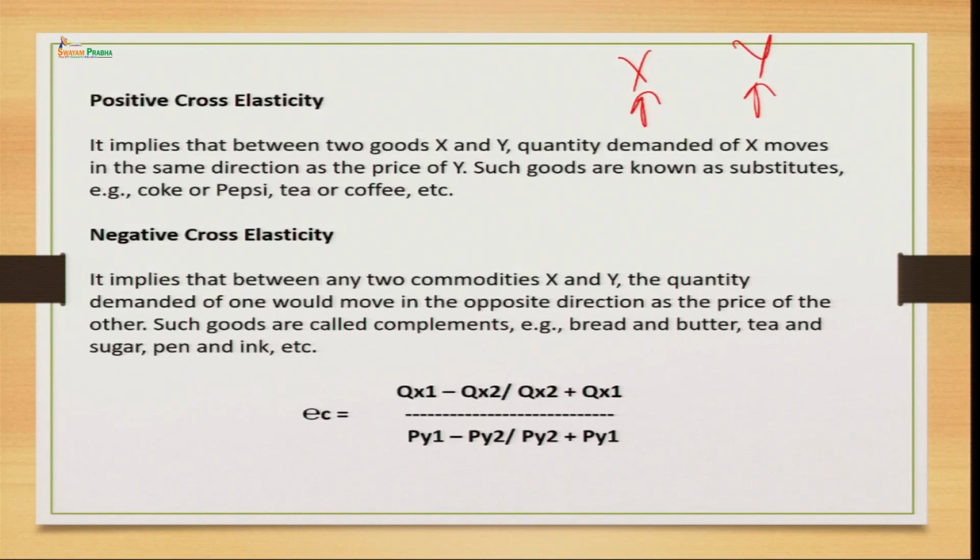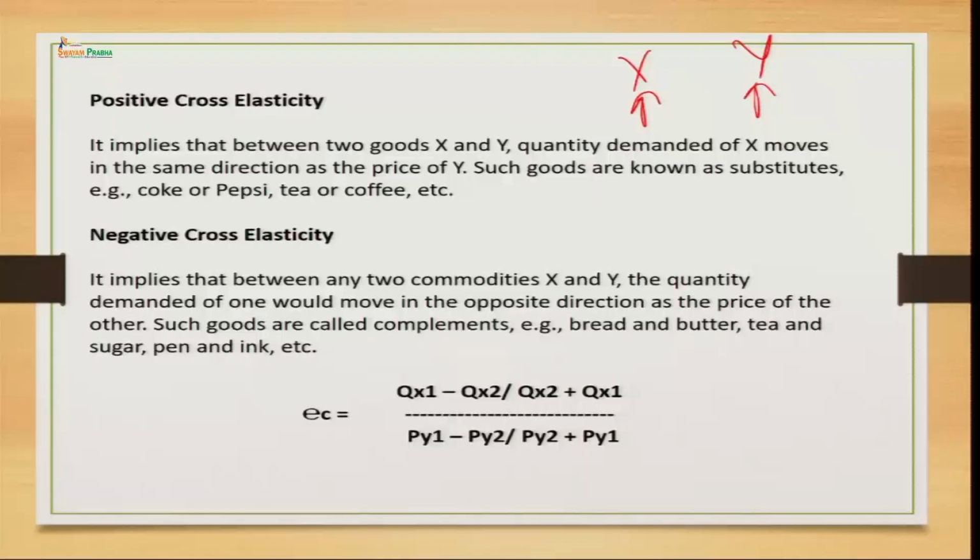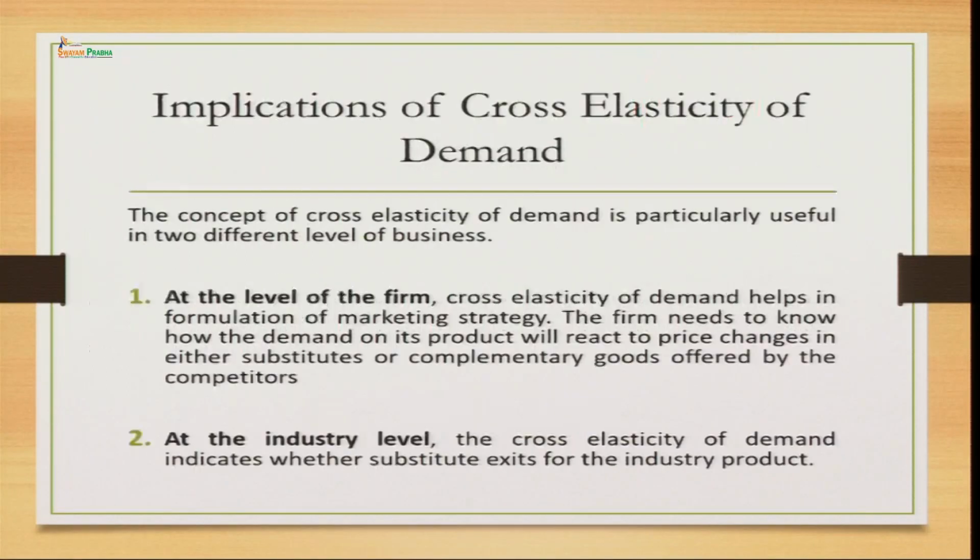So, cross elasticity is positive in the case of substitute goods, whereas it will be negative in the case of complementary goods, because complementary goods are those goods which are demanded jointly, right, which creates a joint demand, like car and petrol. When the price of one commodity increases, the demand for the other commodity will decrease, right. So, here there is a negative impact.